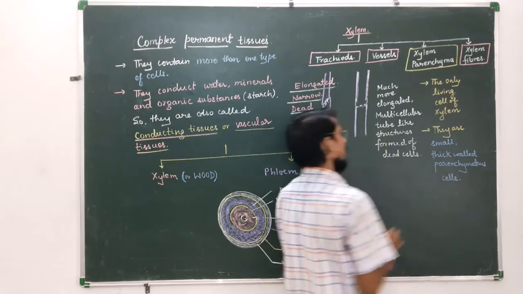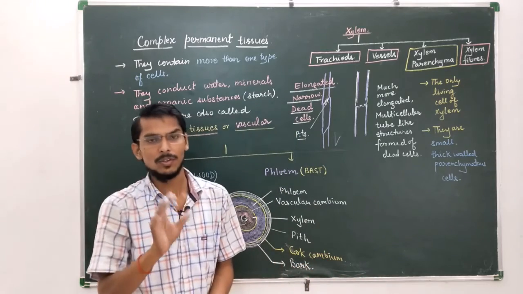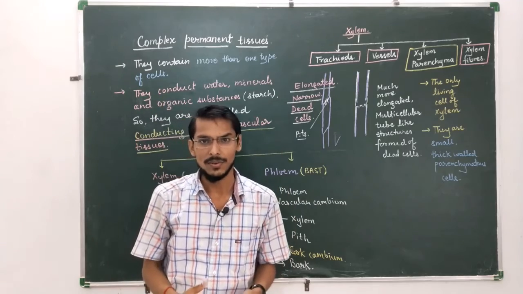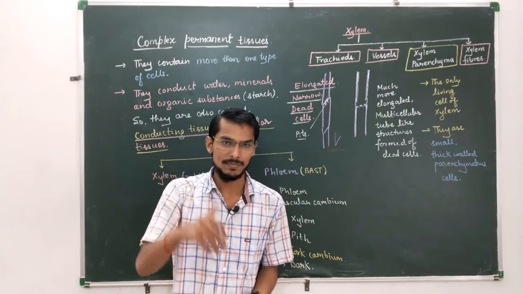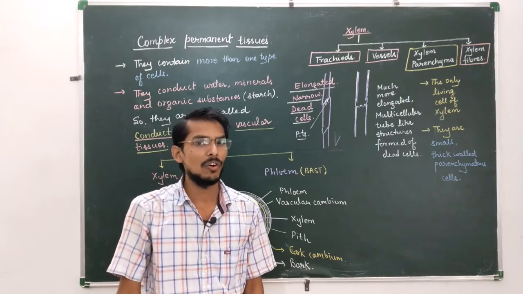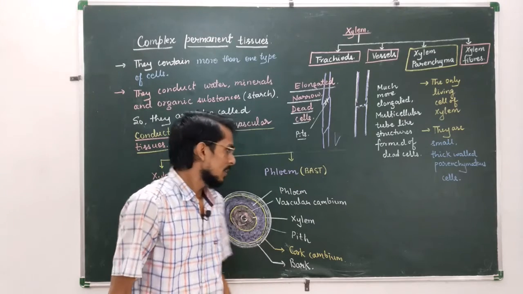As you know very well, parenchyma cells are mainly related to the filling of space in plant structure. Okay, they are space fillers. So again this xylem parenchyma is related with the filling of space in the xylem.